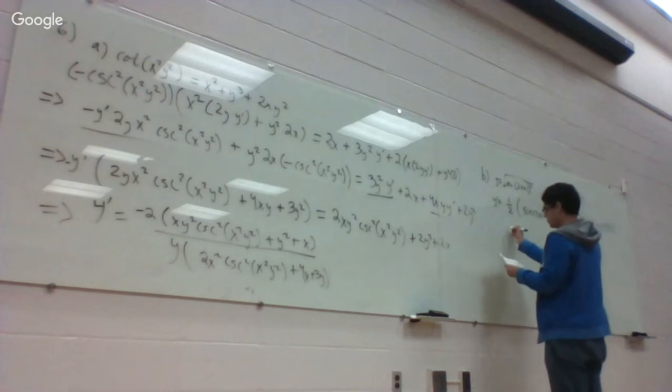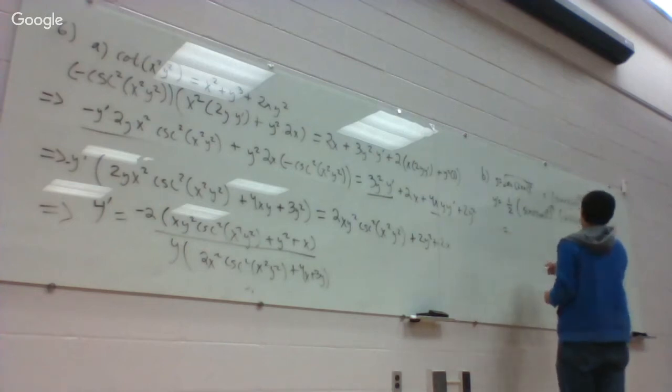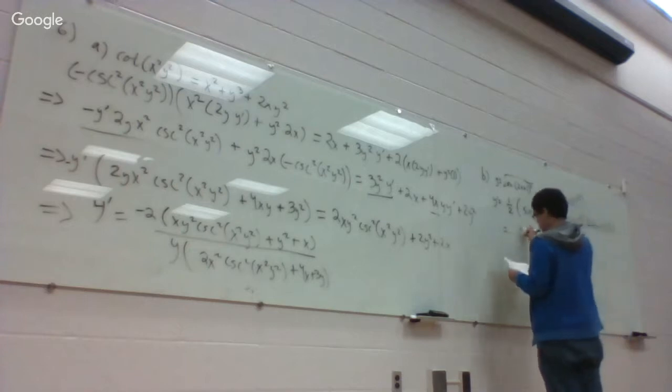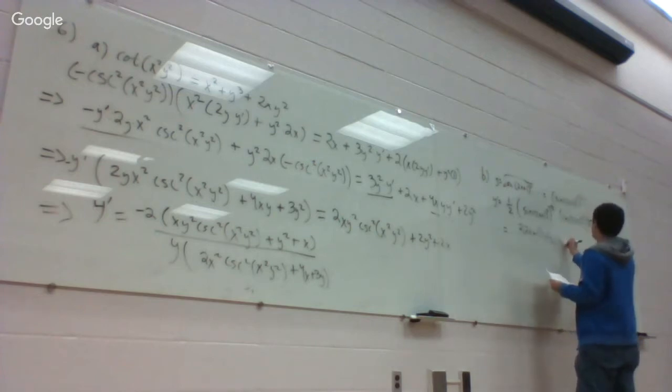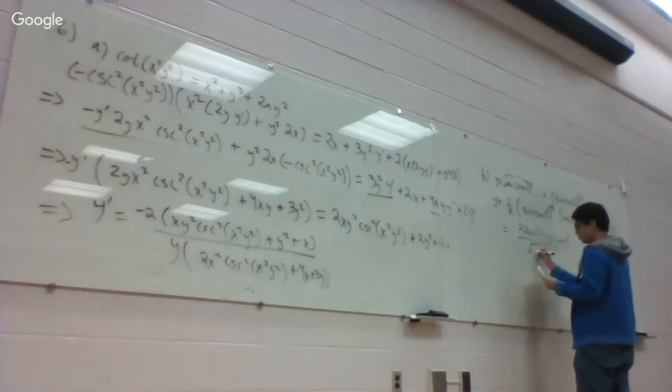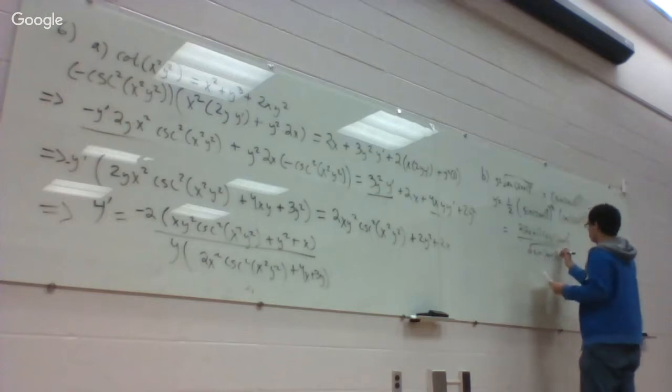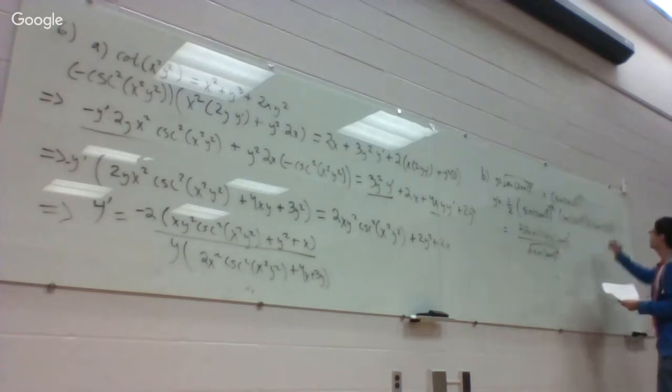It's the 2x plus 1 that's just being squared. And then this can just be simplified to 2 times 2x plus 1 cosine of 2x plus 1 quantity squared all over square root of sine of 2x plus 1 quantity squared.